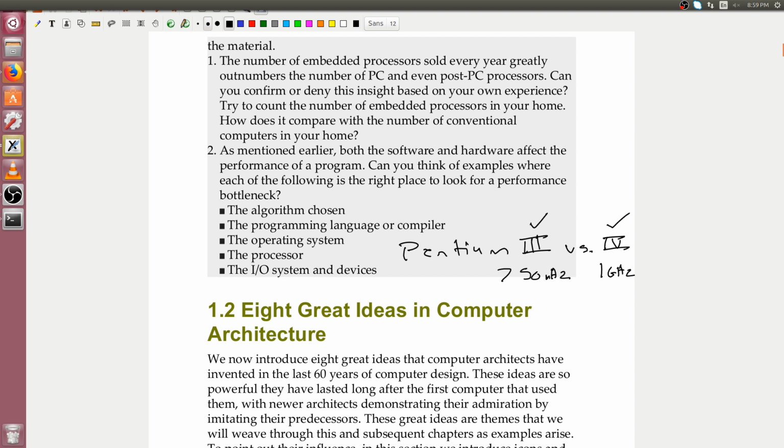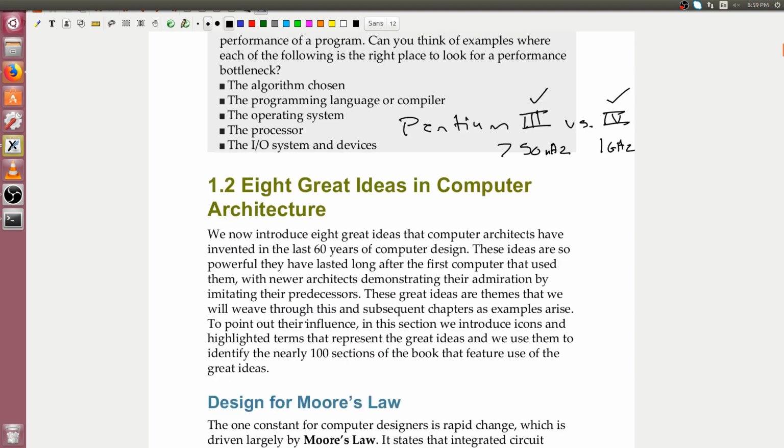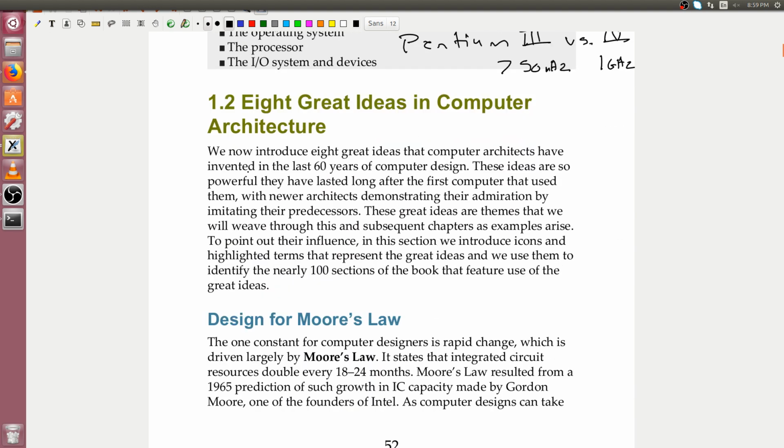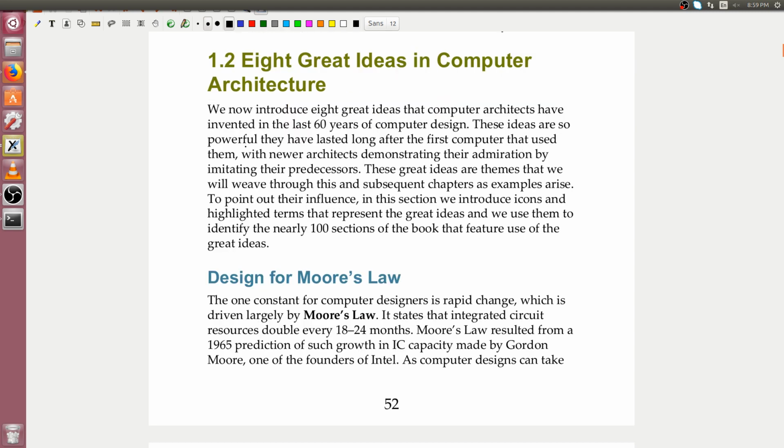So, moving on. 8 great ideas in computer architecture. We now introduce 8 great ideas that computer architects have invented in the last 60 years of computer design. These ideas are so powerful that they have lasted long after the first computer, probably referring to EDVAC.